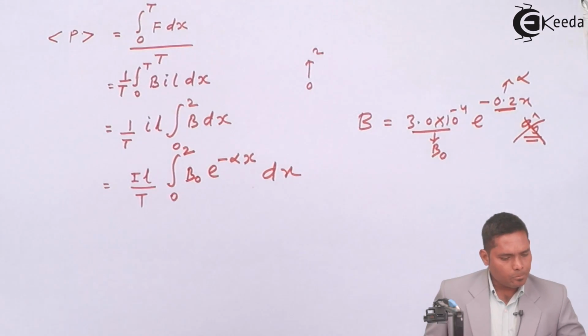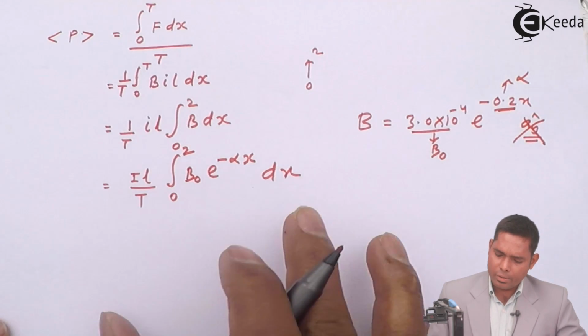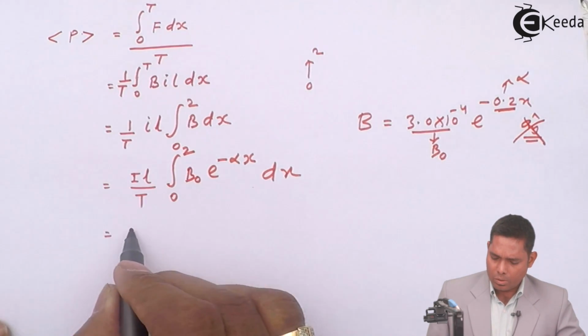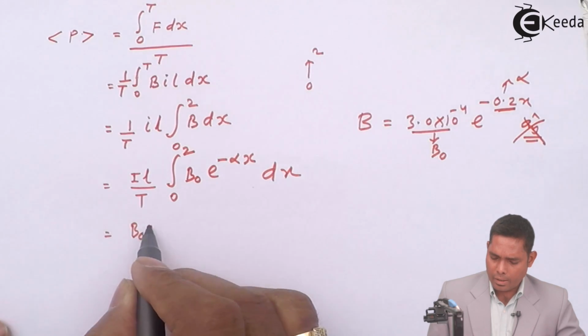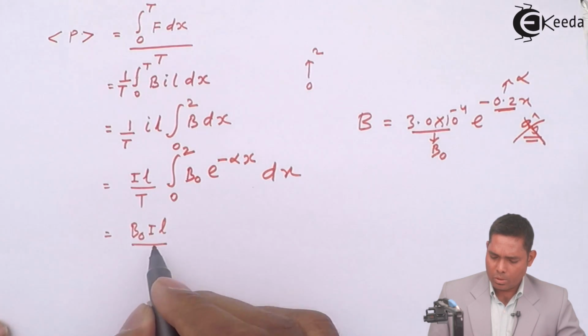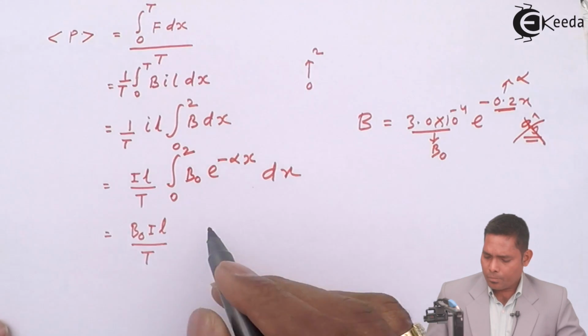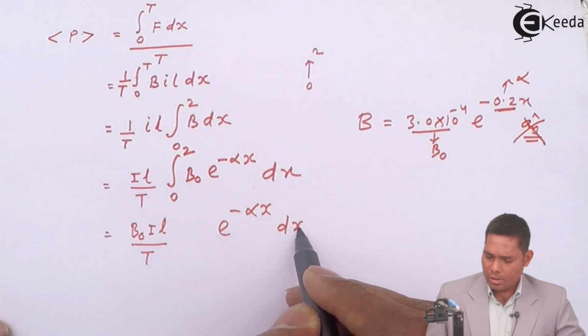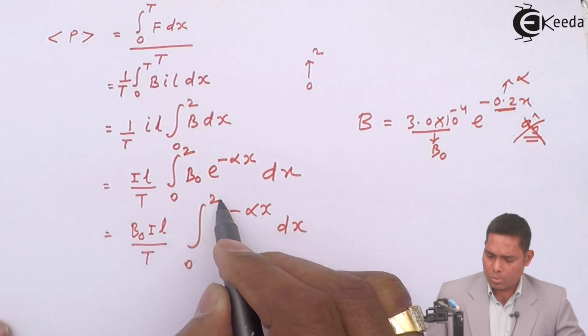Now if I want to solve, B naught also goes out, so B naught IL by t remains, and e raised to minus alpha x dx. You have to integrate from 0 to 2.